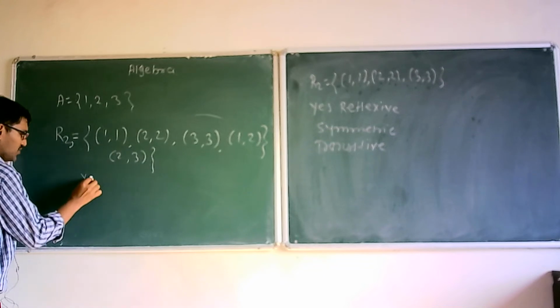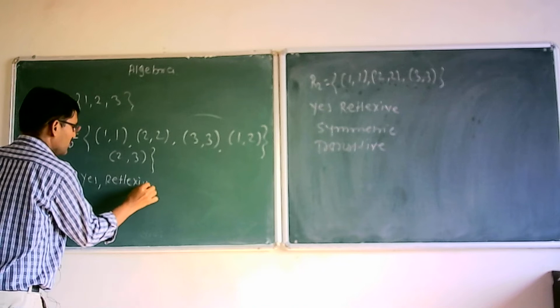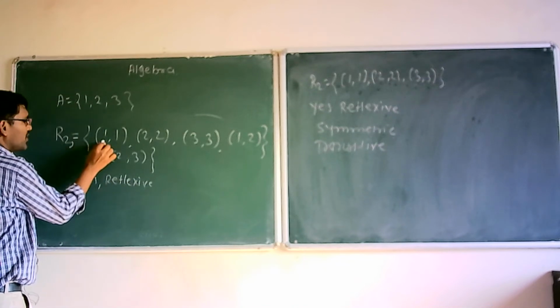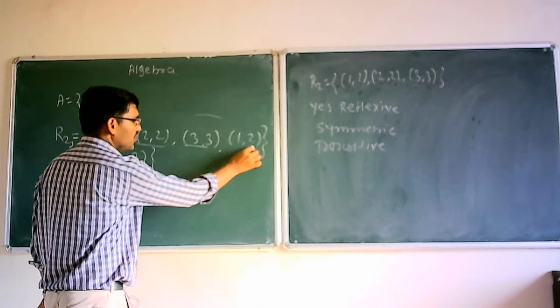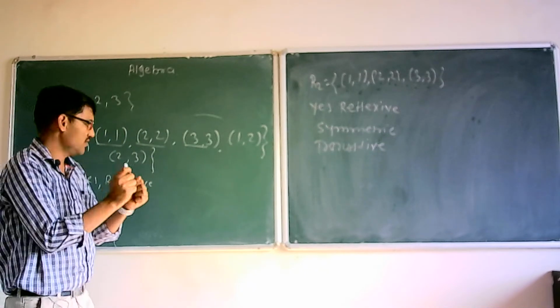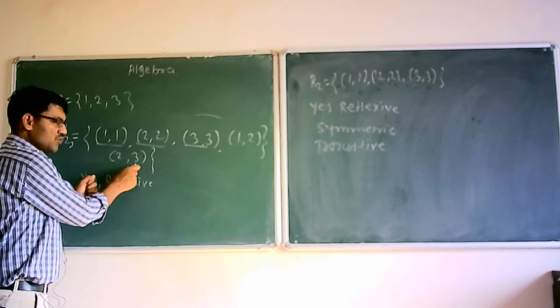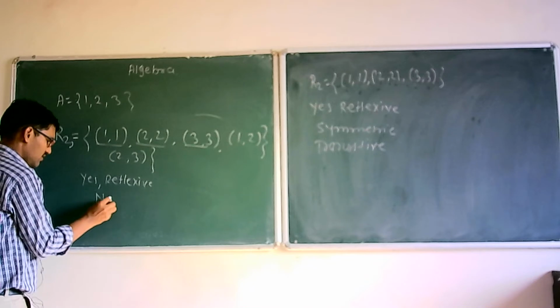Yes, it is reflexive, because every element is related to itself: (1,1), (2,2), (3,3). But it is not symmetric, because 1 is related to 2 but 2 is not related to 1. There is no pair (2,1). Similarly, 2 is related to 3 but 3 is not related to 2, so not symmetric.